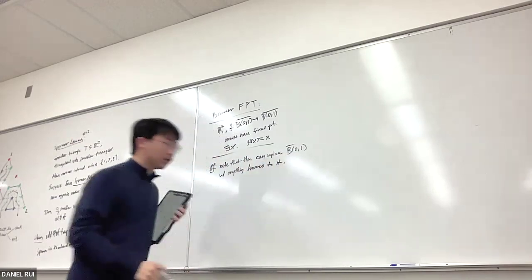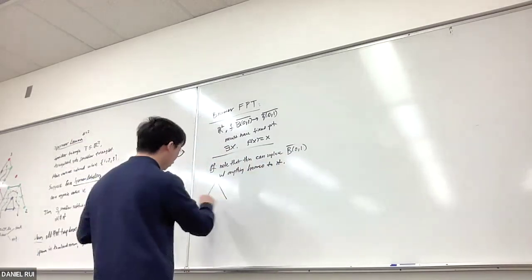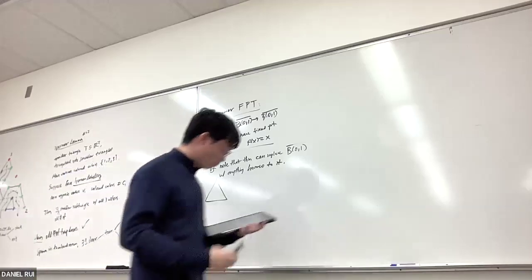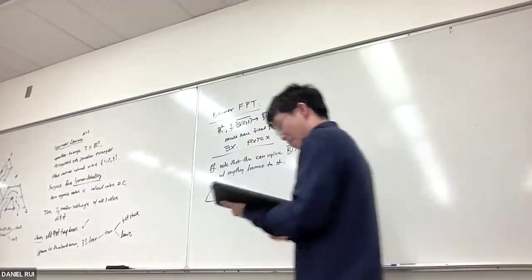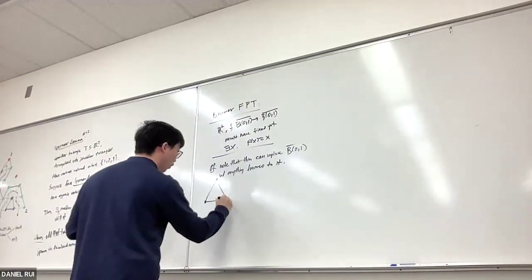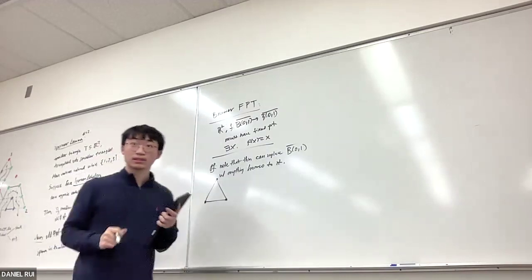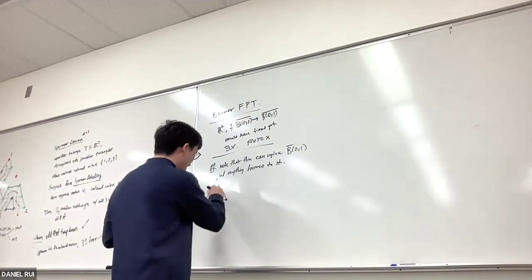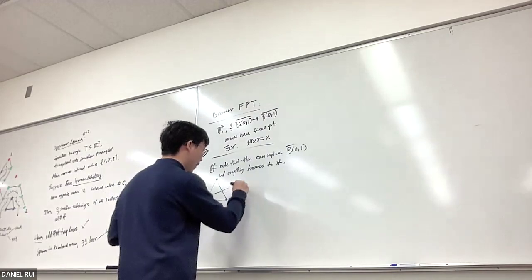So I'm going to consider the two simplex, or I don't know, is this called the two simplex? I have a two simplex, which is the convex hull of 3 points. Every point inside has what's called the barycentric coordinates.